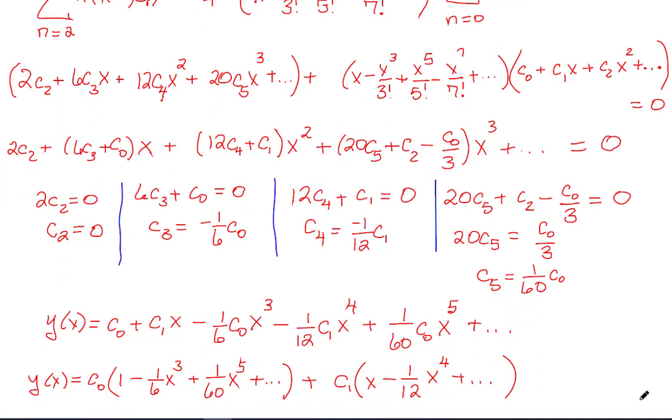All right, so putting that all together, what we now know about C0, C1, C2, C3, C4, C5, and so on. Grouping together all the things with C0 in it and factoring it out.